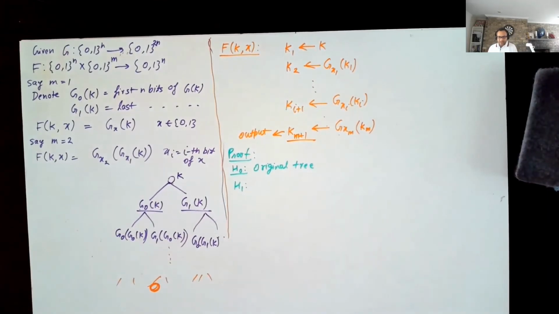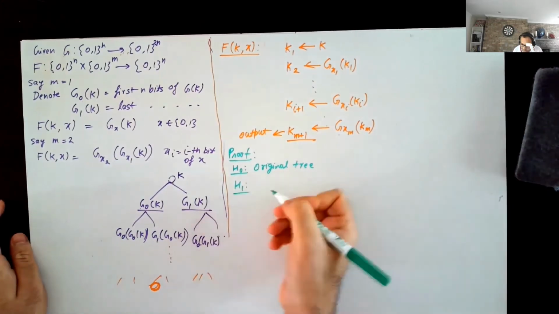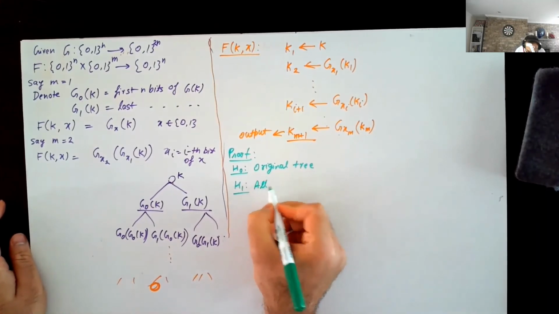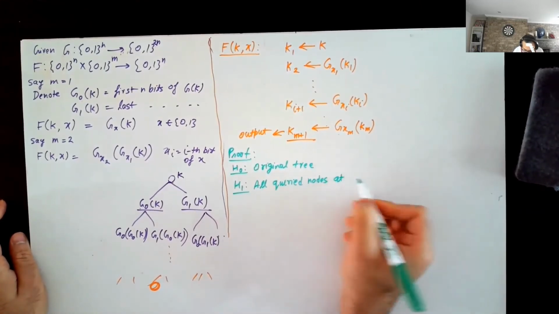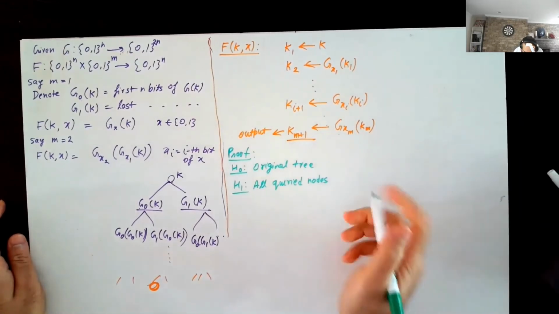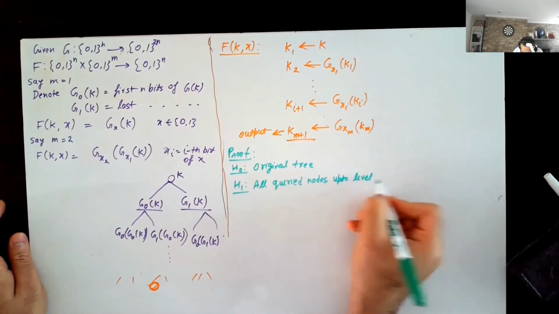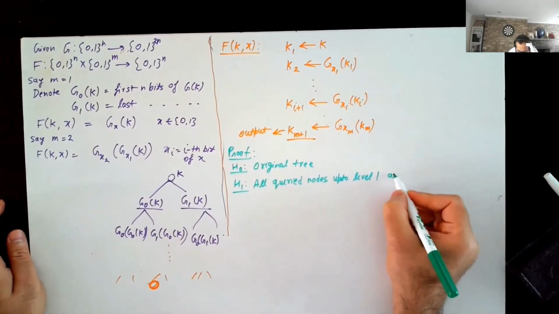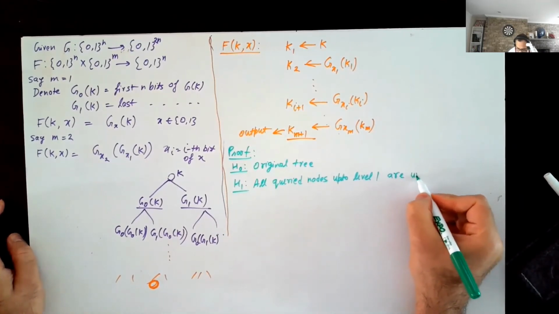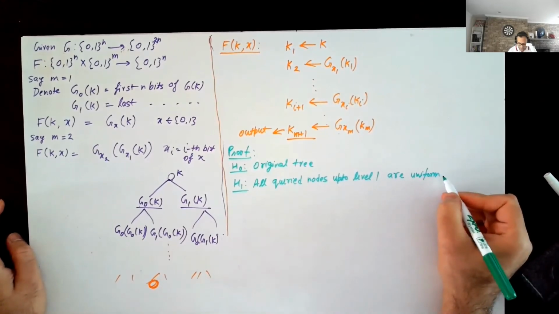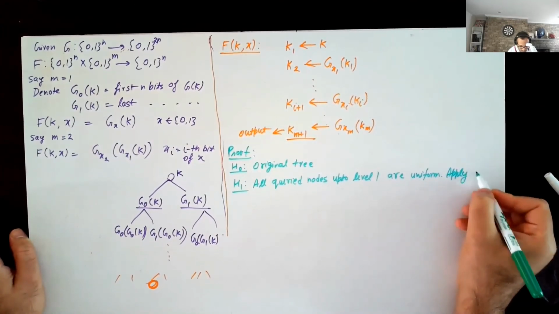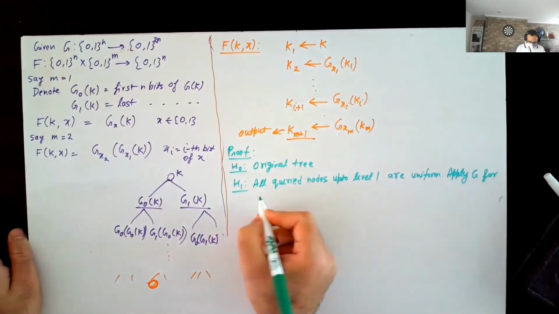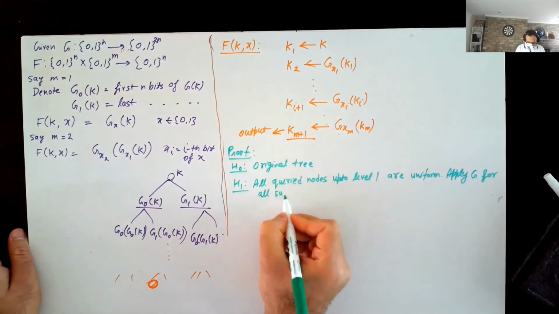In H1, we look at all the nodes which are queried, up to level 1, are uniform, and then apply G for all subsequent levels.